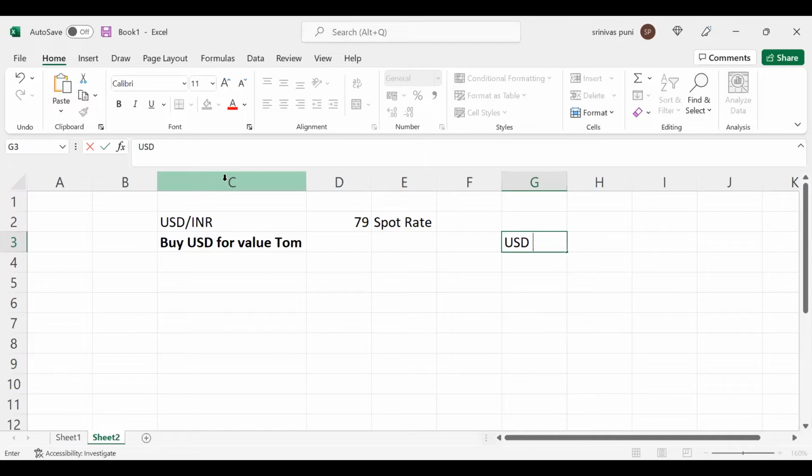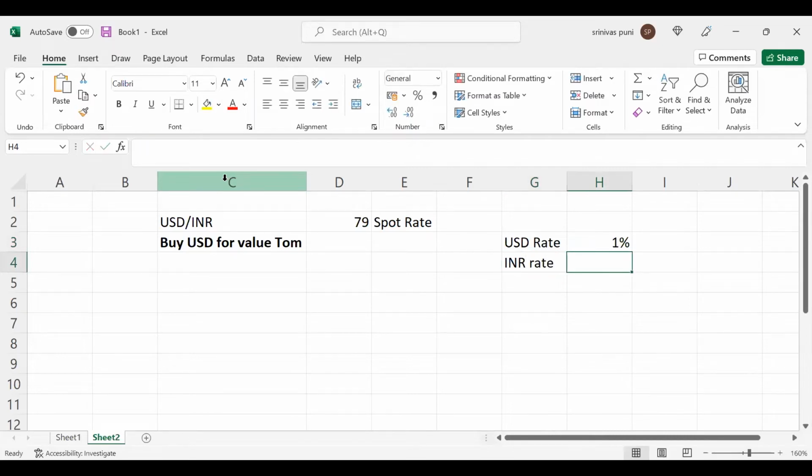They're all quoted in the market, they're depo rates. So in the interbank market, these rates are available. I'm just taking the USD interest rate that is available right now. Let's say it's 1%, and the INR interest rate in the market for 1 day or 2 days is, in this example, 6%. These are the data points I've given you.